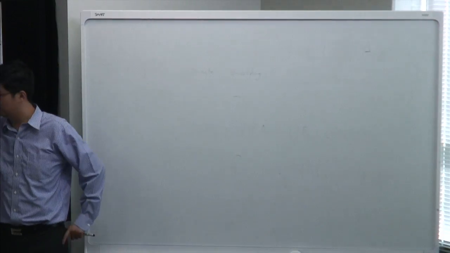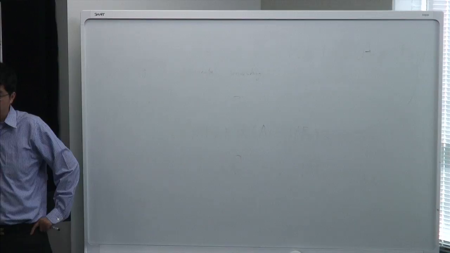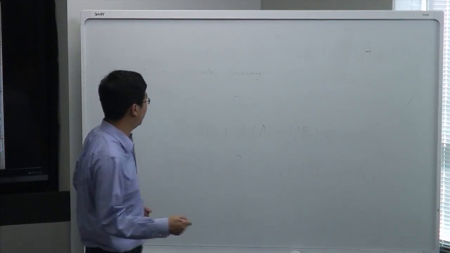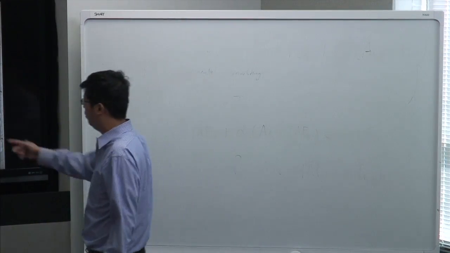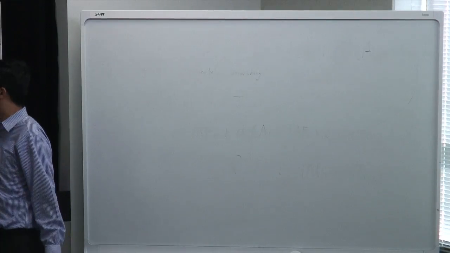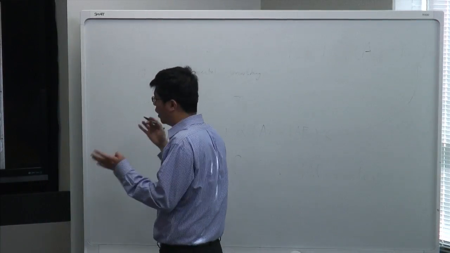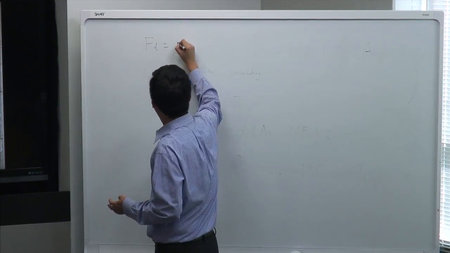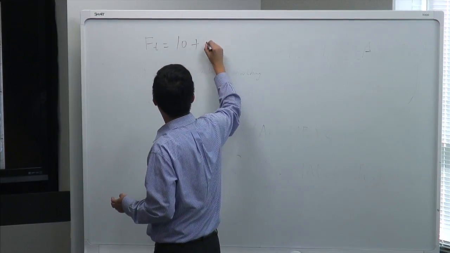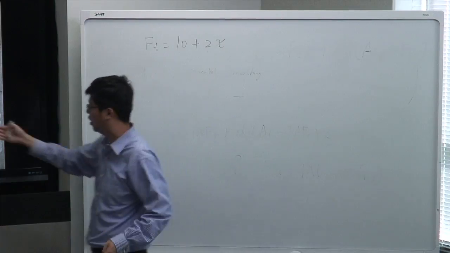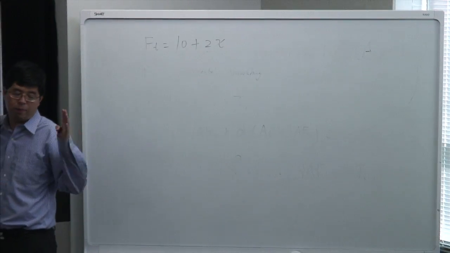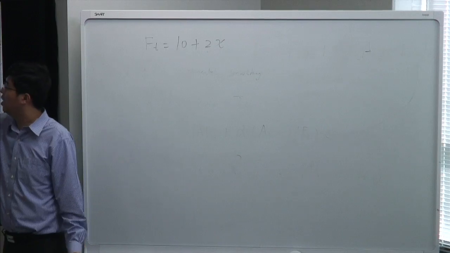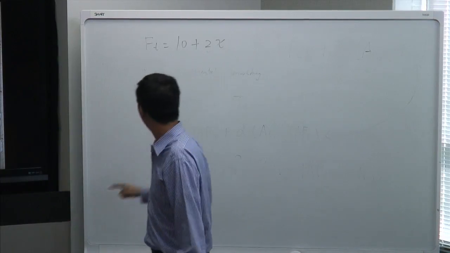That's exactly right. If you use the additive model, you have a forecast for the first item. Let's say we have a forecast f_t equal to 10 plus 2x. It's an increasing trend, so the basic model is a linear trend model. For the high season, we use f_t plus 100.